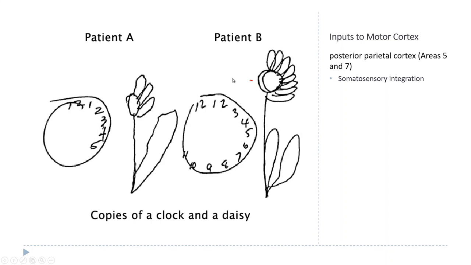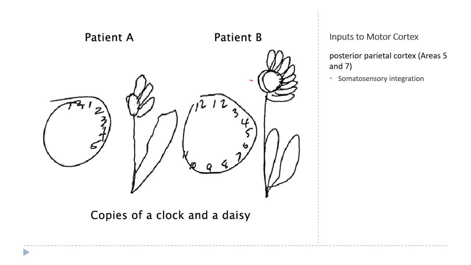Posterior parietal cortex, if you'll recall, is seemingly necessary for integrating sensory input and creating one's sense of the world and their place in it. We know this from people who have had damage to this region: they have what's called hemispatial neglect. This is where someone has trouble processing or dealing with things on the side of their body or the side of the world that's contralateral to the injury.